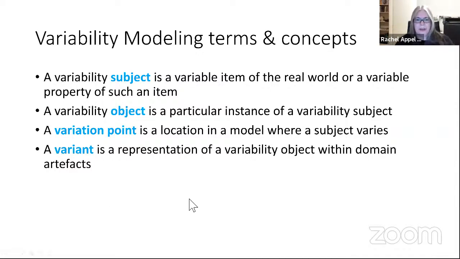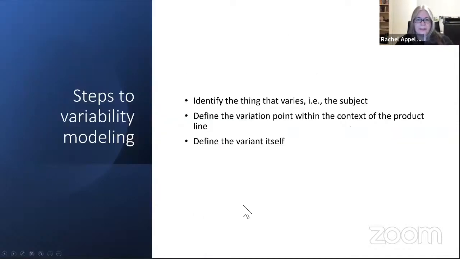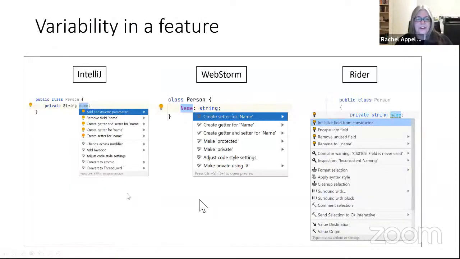To put this in a picture on another slide, first we'll take a look at these steps. We have to identify what we want to vary. I'll use an example from the JetBrains line using Alt-Enter to do a little intention action. We need to identify the thing we want to vary, then define where it's going to vary, and then the variant itself. So first off, the variability.